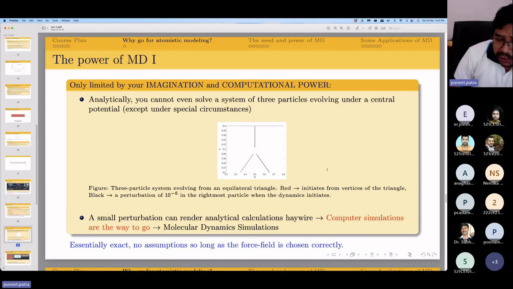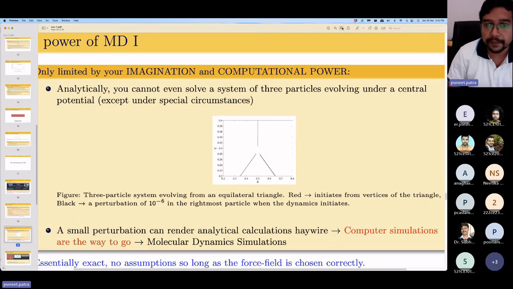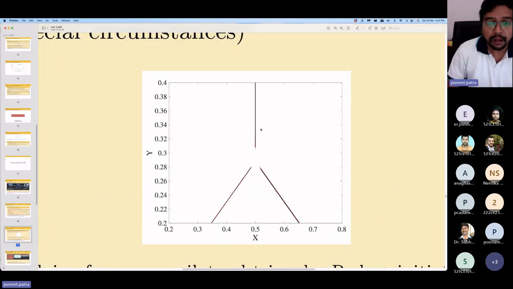I'm not sure whether the figure is visible properly. Let me zoom in, perhaps then it will be clear. So what is happening is, I have three particles, one initialized at this position, one here, and one here.